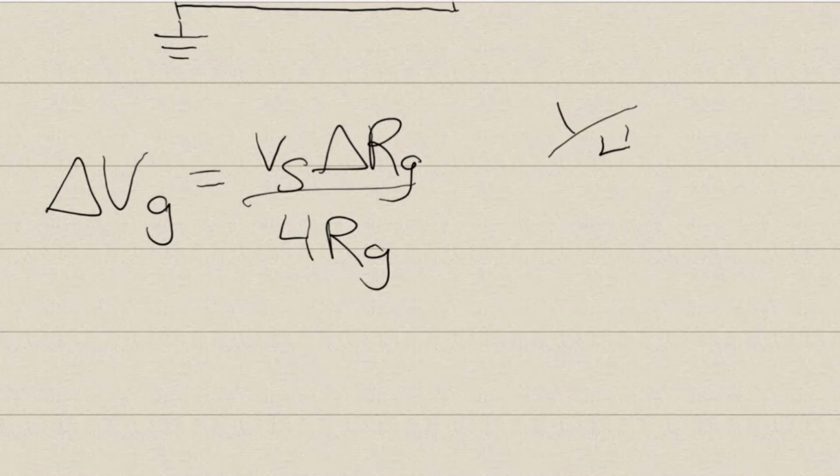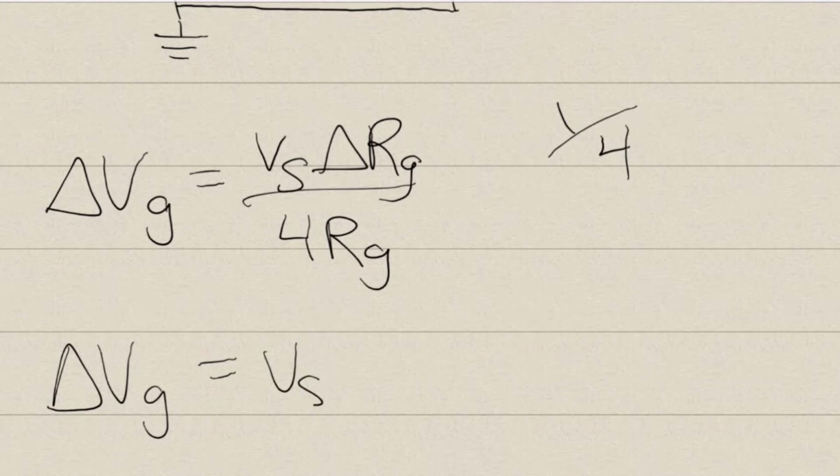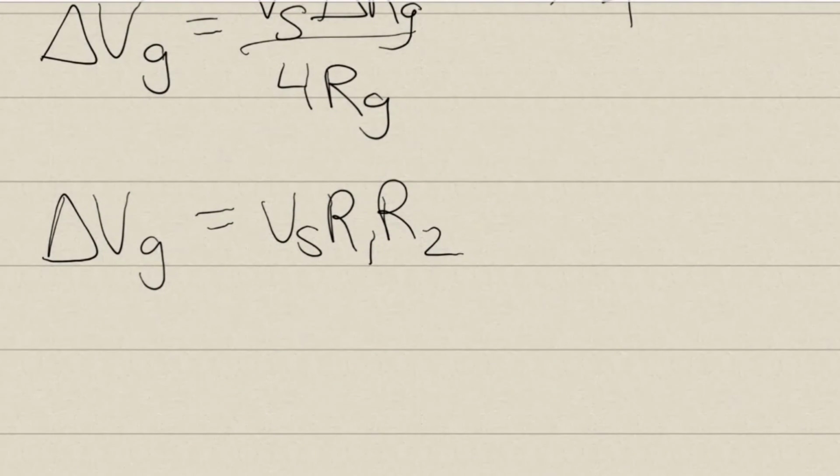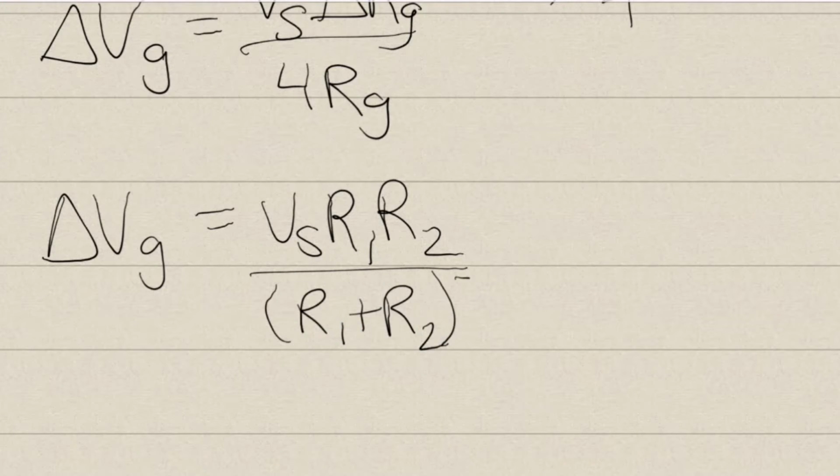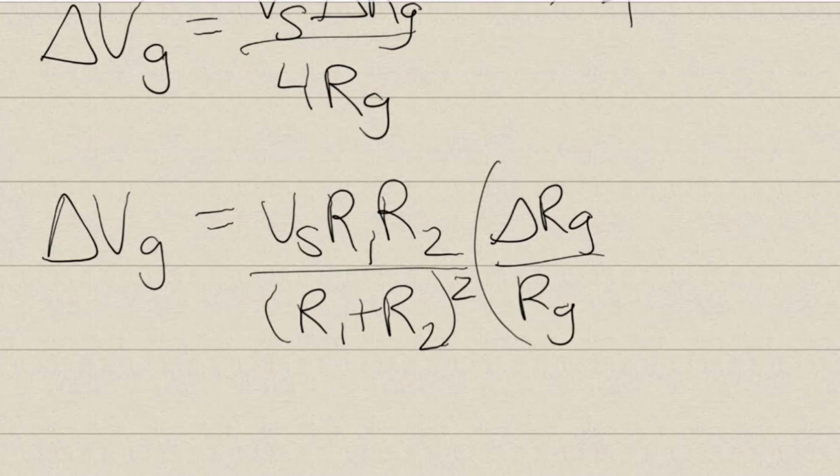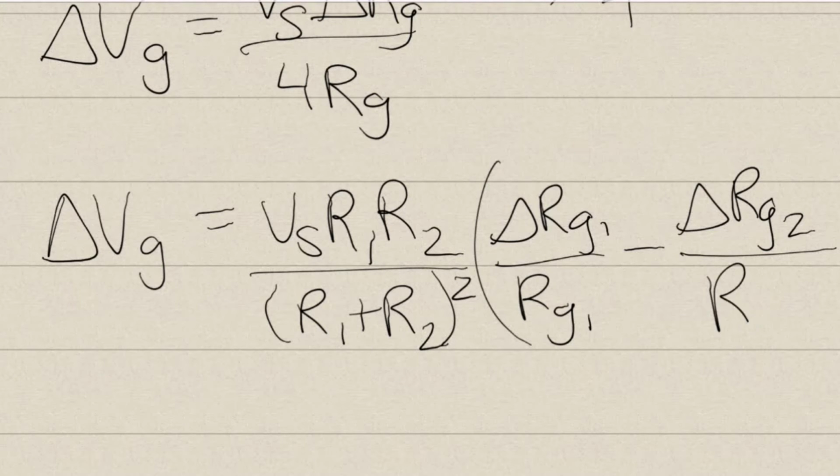Now, that is for a quarter bridge. Now for a half bridge, delta VG equals Vs R1 R2 all over (R1 plus R2) squared, in parentheses, delta RG over RG 1 minus delta RG2 all over RG2.